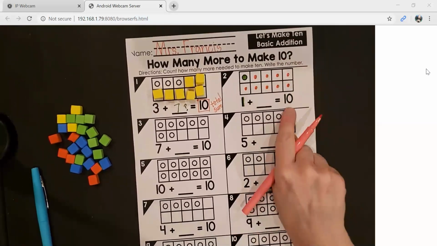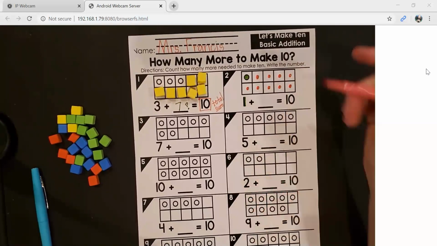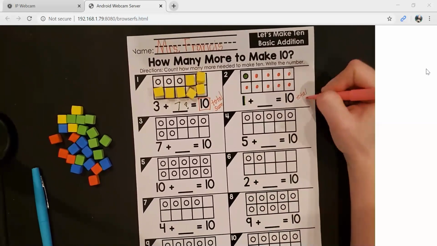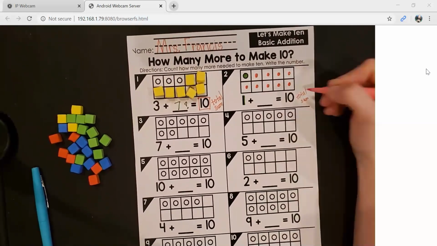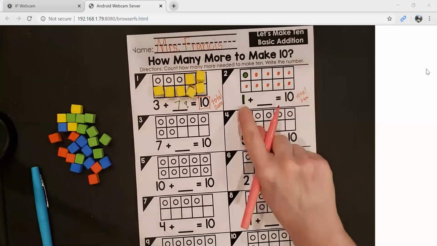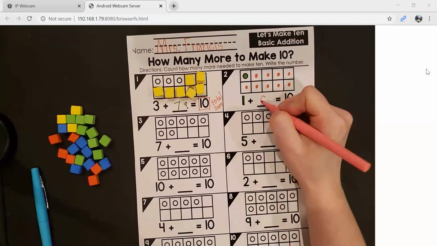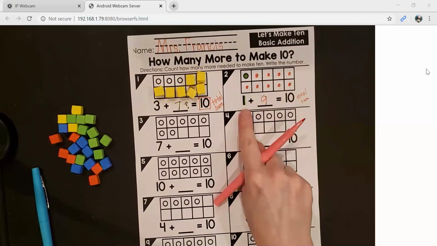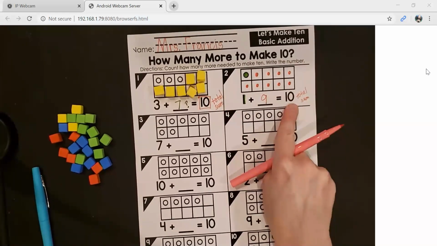Remember, my whole, my total, or my sum has to be 10, so I have to fill up that 10 frame. Avery had 1, Addie had 9, and together combining them makes 10. So I know that that's correct.